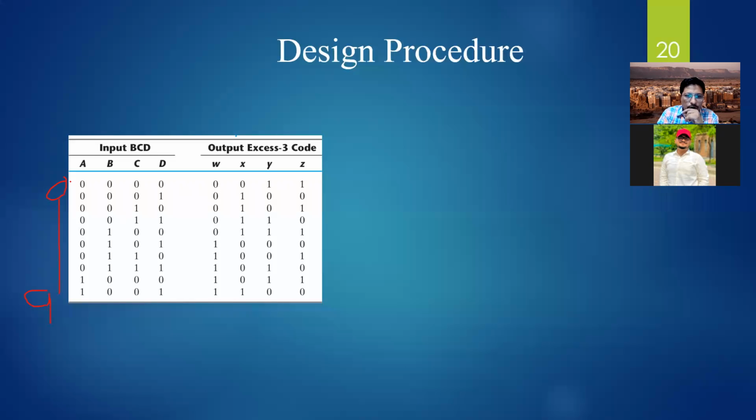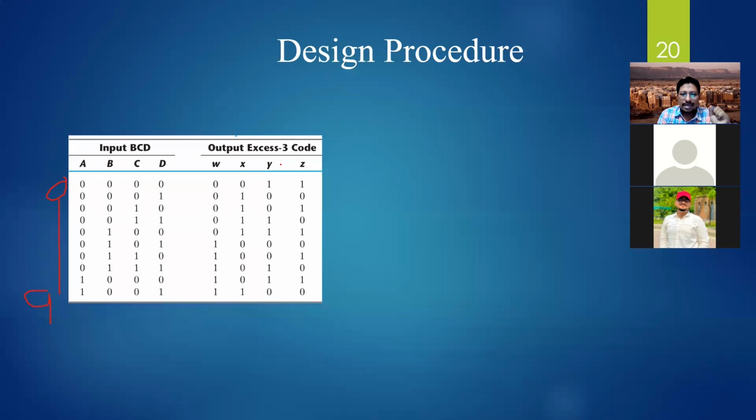Second step: 4 inputs here, I will have 4 outputs here. That means for each output I will have 1 K-map, 1 circuit, 1 Boolean function, and the same for the others. So for every one of these I will have its K-map. Third: why am I doing XS3 and not a binary number?